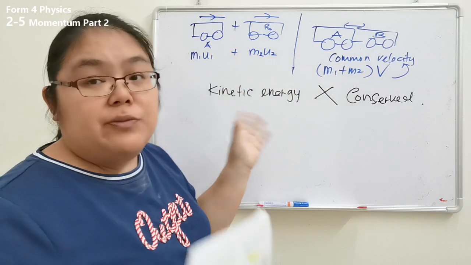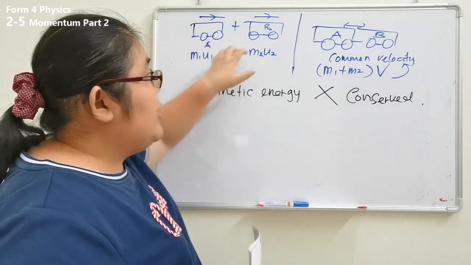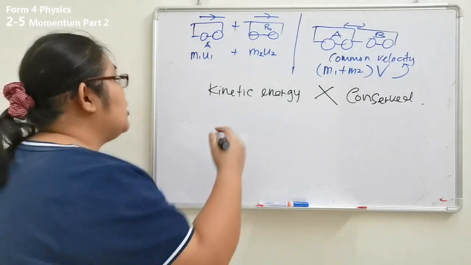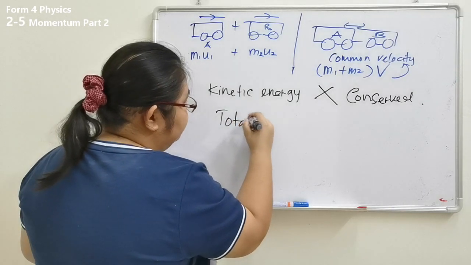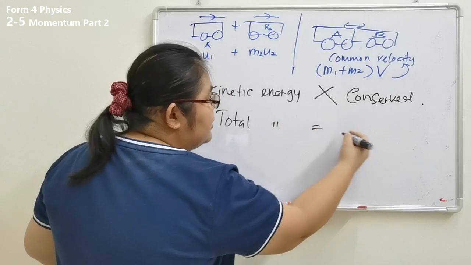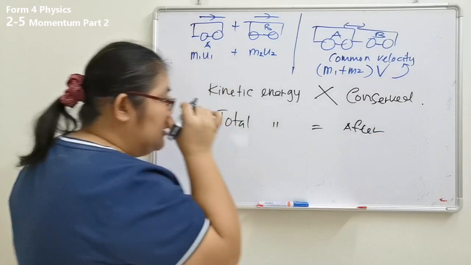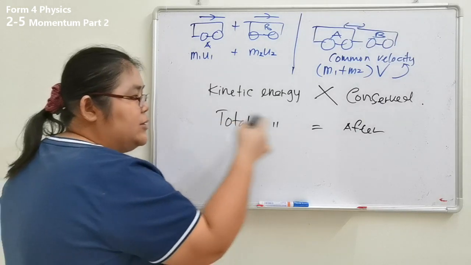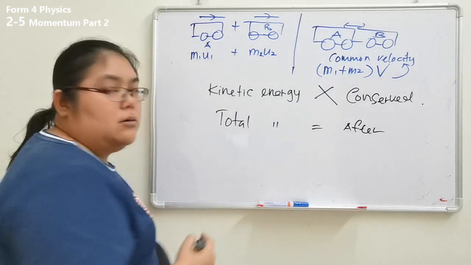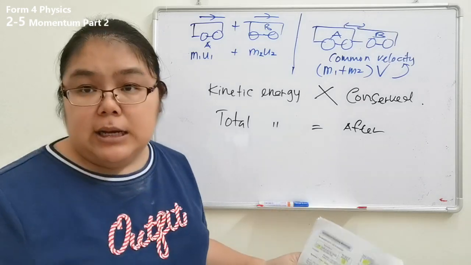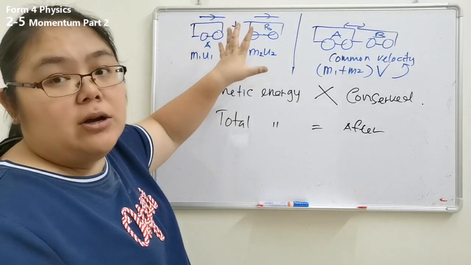But kinetic energy, when I'm just talking about kinetic energy, before and after is not conserved. But if I say total energy, conserved. Total energy before and total energy after, say conserved, because total energy, we're talking about all energy. So when starting, you have kinetic energy.